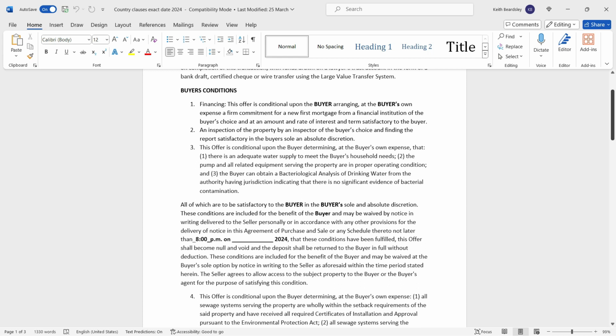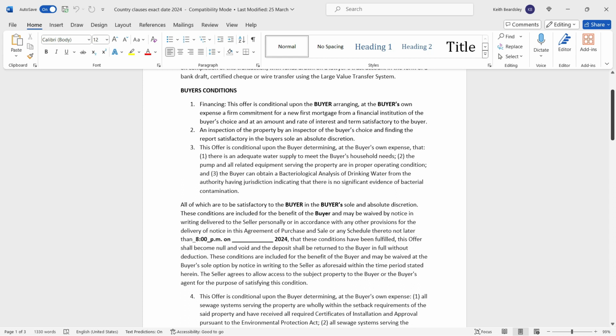It could be that the home inspector determines that the furnace is just about dead. Well, negotiate the cost of a new furnace. If you really want that house, maybe you can split the difference. Maybe you can come to some arrangement with the buyer or with the seller, depending on which end you're on, and come to a deal as to how that cost is going to be handled.